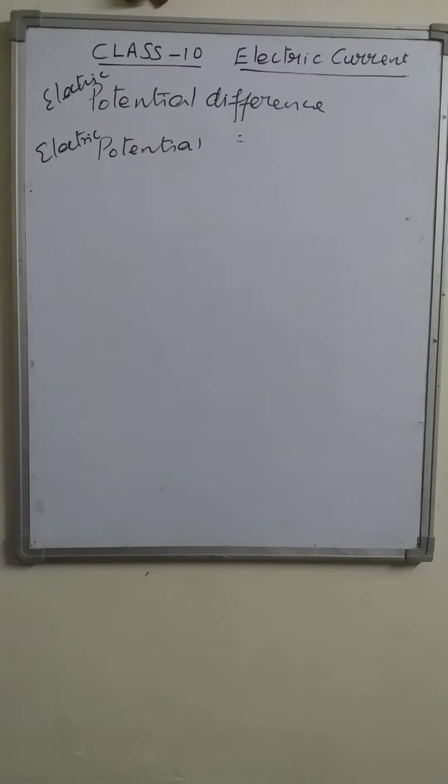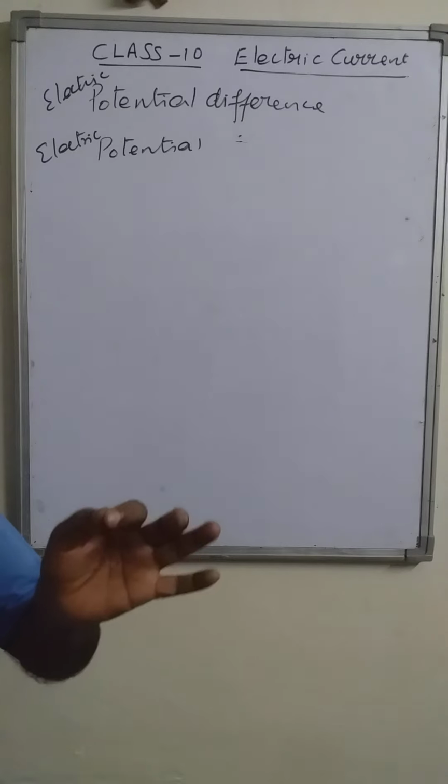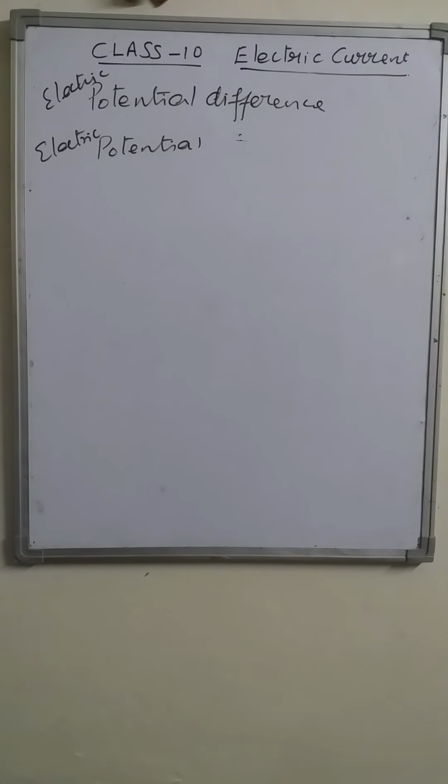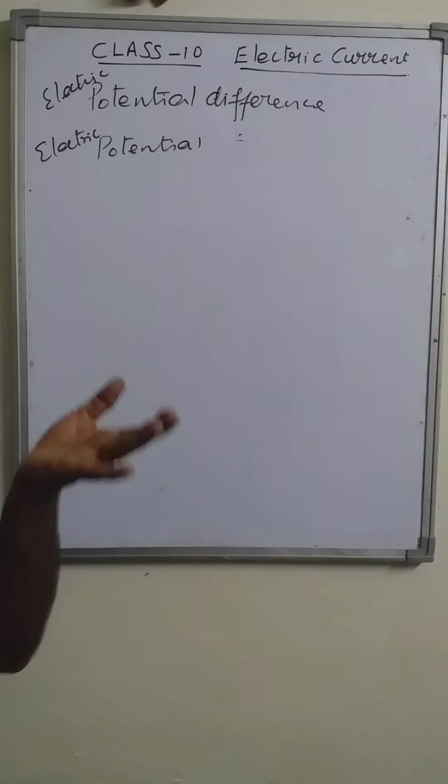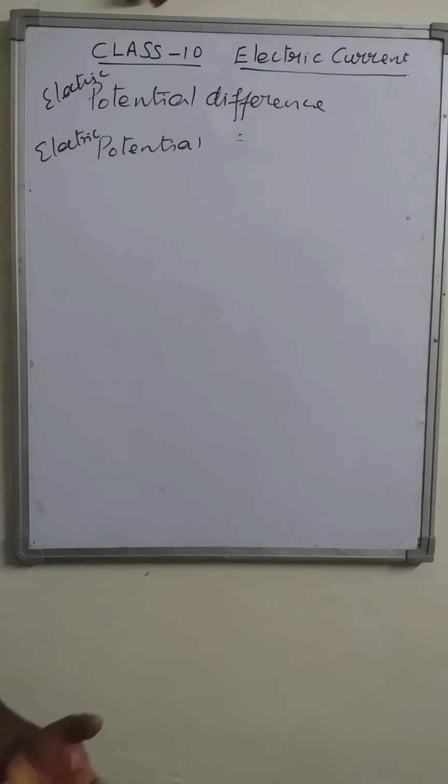I think we have studied something about this word potential in physics in class 9th. If you remember, in the chapter of work and energy, we studied about potential energy, the energy possessed by an object by virtue of its position or configuration.